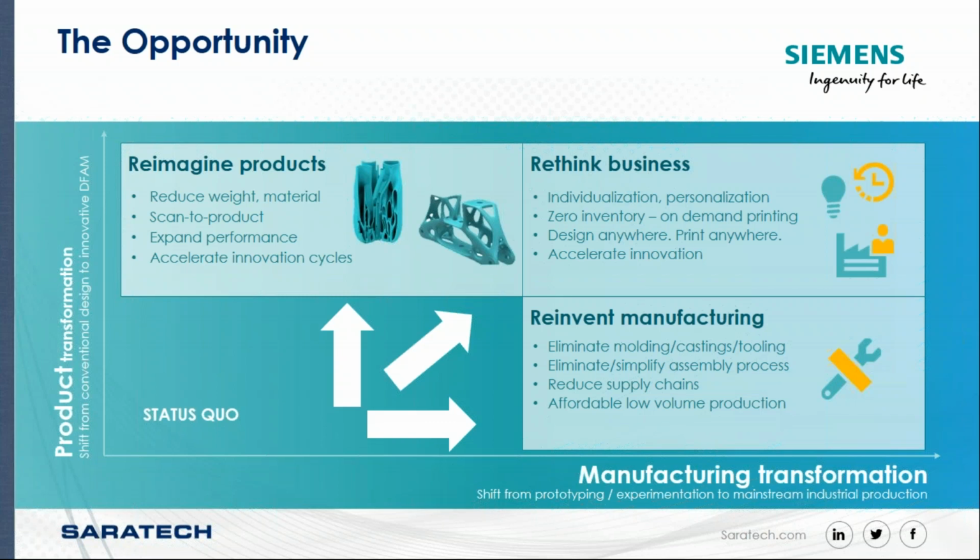I can design anywhere, print anywhere. I can do individualization. Lot sizes of 1 become more cost effective. So these are the types of things that we see customers doing as they go through this journey, when they start thinking about additive and how it might affect their designs, their manufacturing, and their business itself.